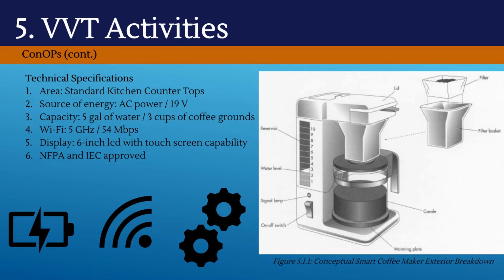Power is recommended as AC power, 19 volt. Capacity is 5 gallons of water and 3 cups of ground coffee. Wi-Fi capability is needed, along with an LCD display. This coffee maker shall also be NFPA and IEC approved.